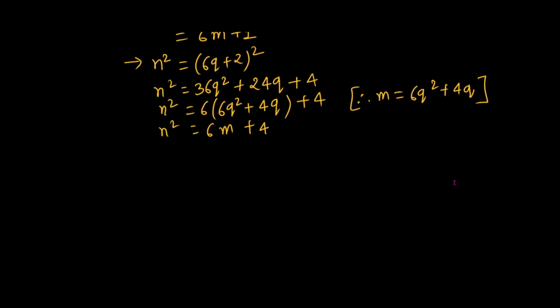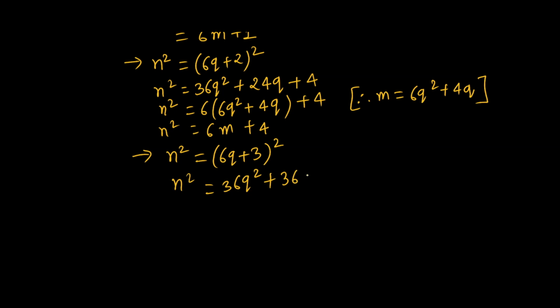So moving towards the next form. So hence n square is equal to 6q plus 3, whole square. So n square is equal to 36q square plus 2ab. So 2 into 6, 12, into 3, 36q plus 9. So n square is equal to, we will write this as 6 plus 3.